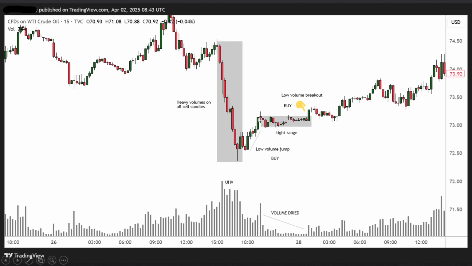And now this activity was actually seen by the market maker as well. So they removed their sell liquidity. So the market turned up, then the market started ranging with low volume.